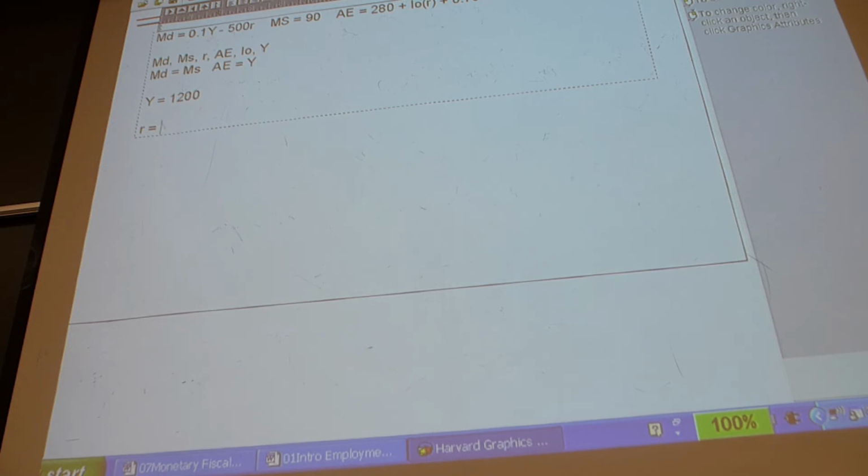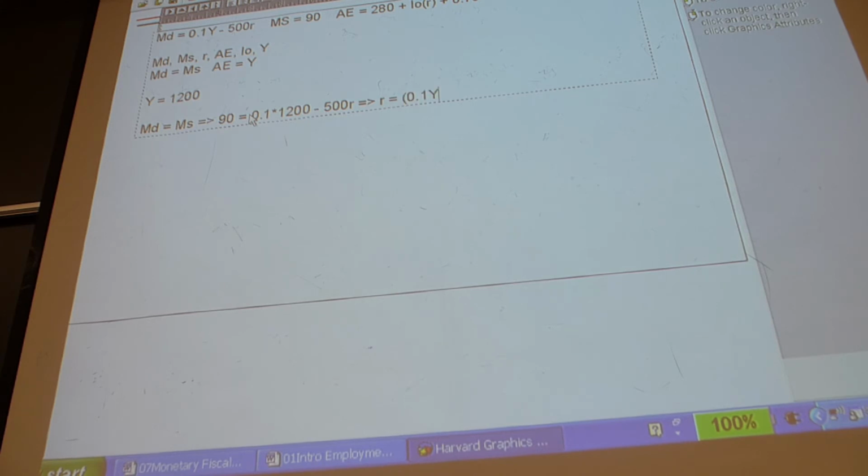And of course, MD equals MS implies R equals, well, we do it this way. We're going to solve for R. 90 equals 0.1 times 1200 minus 500R, right? Which implies R equals (0.1Y minus MS) divided by 500.